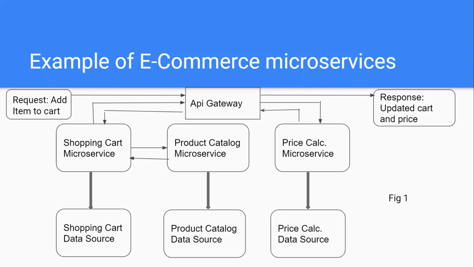To get a feel for how a microservices architecture works, let's look at an example. Now, a user of an e-commerce website adding an item to their shopping cart. So let's see how it all works, what the workflow is.